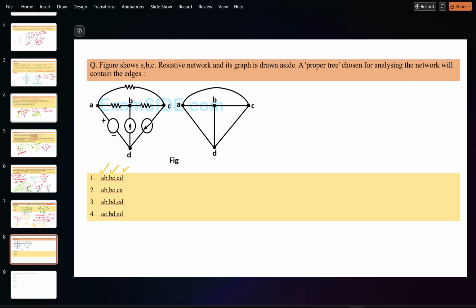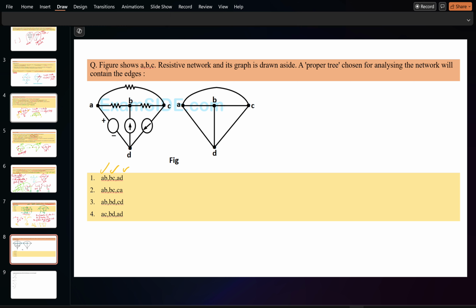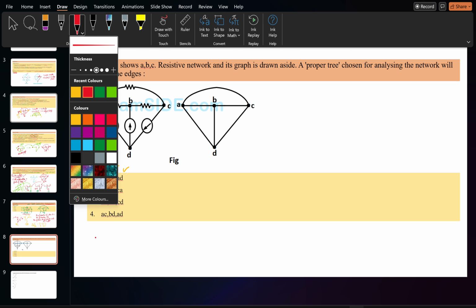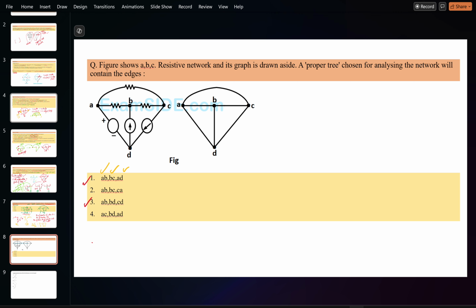Option 1 and 3. Okay, so I got one answer, option 1 and 3. Let's wait for one more minute. After that, I will use the solution and cross-verify whether the answer is correct or not.